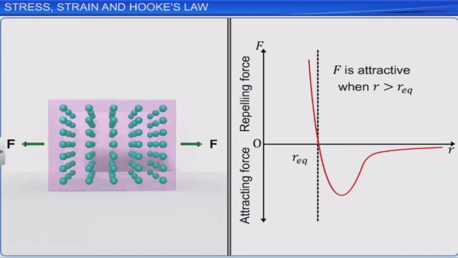This causes intermolecular forces to be generated, which try to restore the body to its original state once the deforming external forces are removed. The sum total of intermolecular restoring forces per unit area is called stress. Stress is measured as the deforming force applied per unit area.